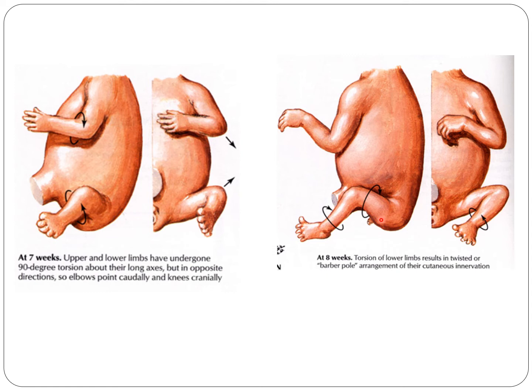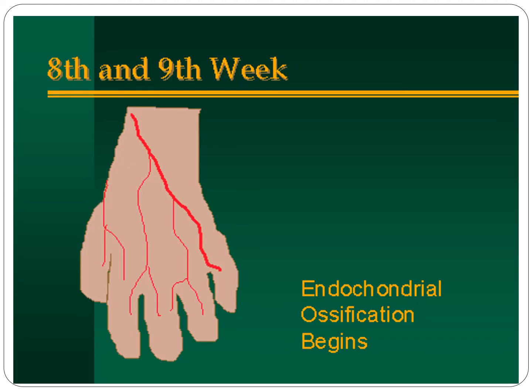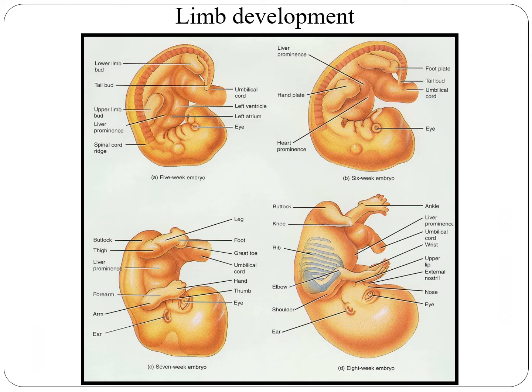And after final rotation, they come to their position of adult life, and that is at the 8th week of intrauterine life. So in the 8th and 9th week, endochondral ossification begins and the blood vessels start to enter into the bony tissues.